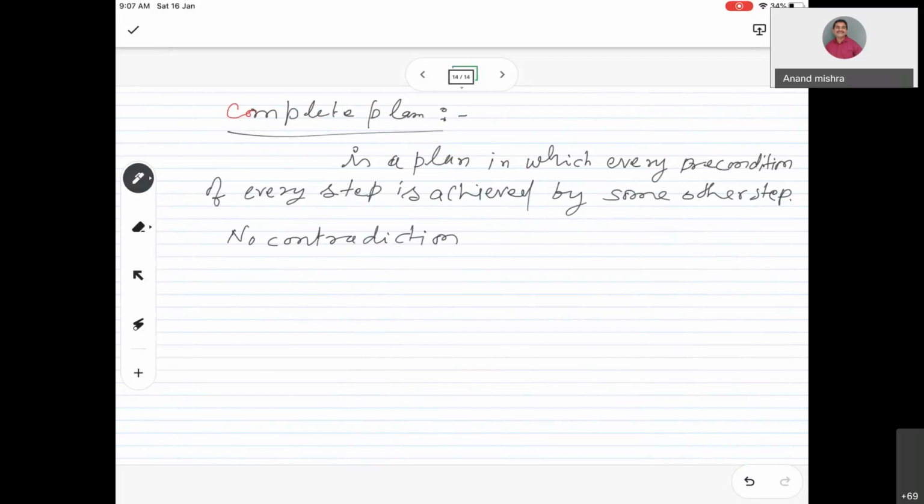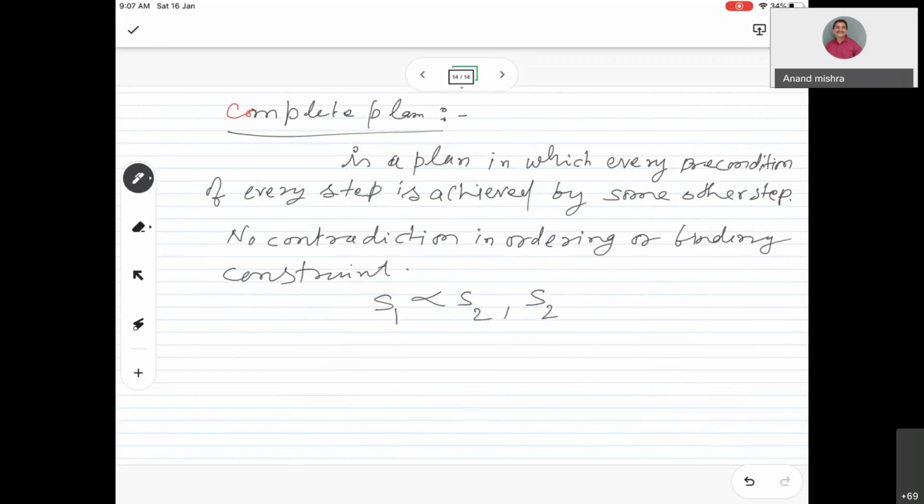And there is no contradiction in ordering or binding constraints. For example, let's say S1 should happen before S2 and S2 should happen before S3, and then I say S3 should happen before S1.